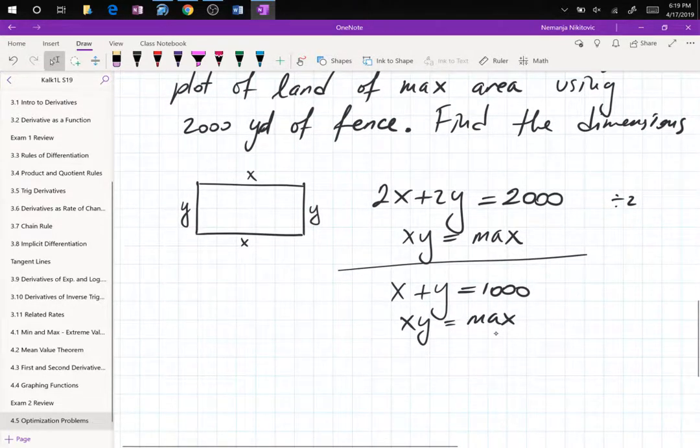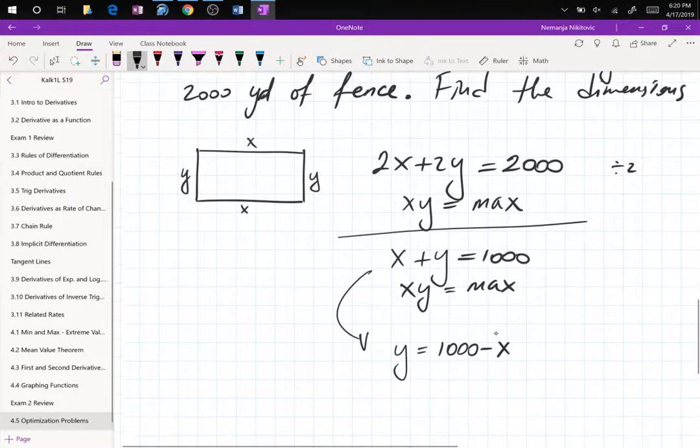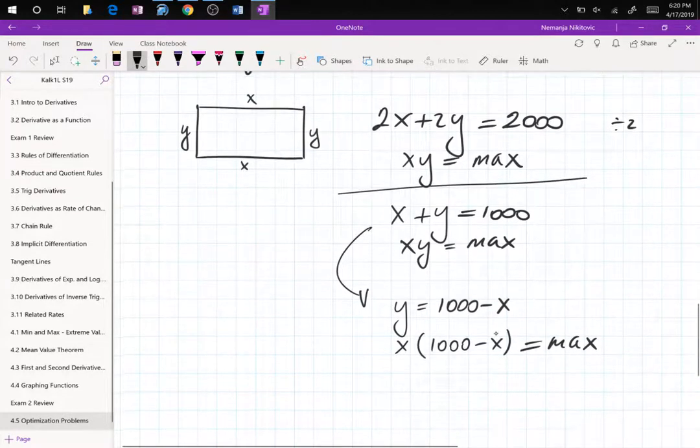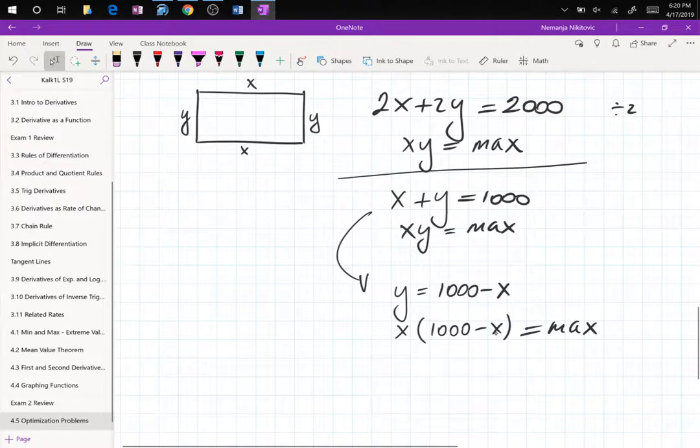So we solve from the first equation. We solve for y, which is 1,000 minus x, and then we have x times 1,000 minus x equals a max. Right, when you plug in the second equation, it's 1,000x minus x squared equals a max, and then you hit it with the derivative.